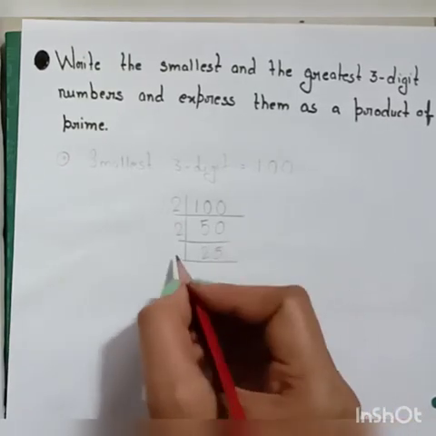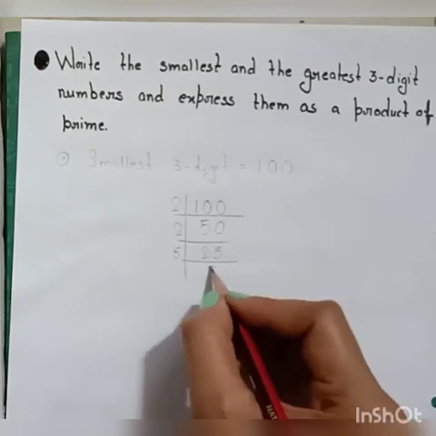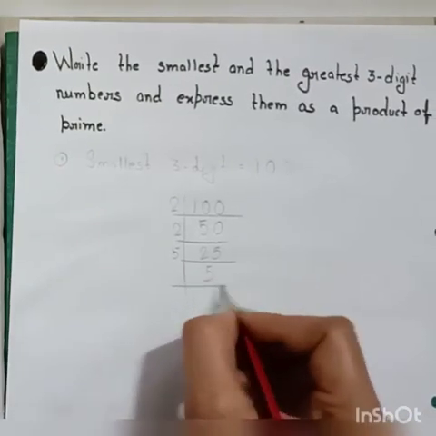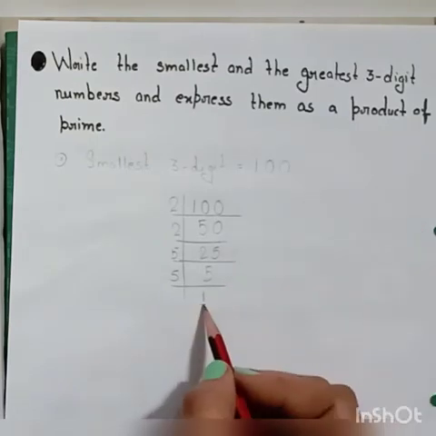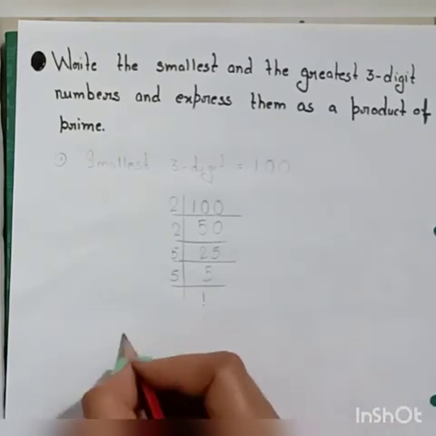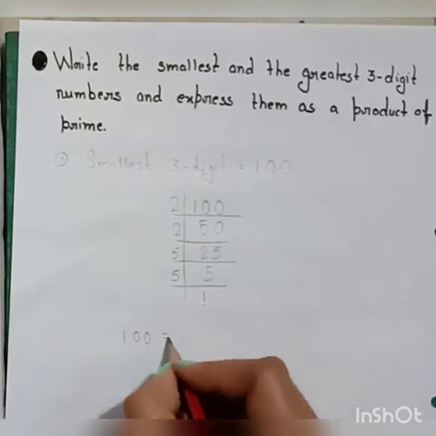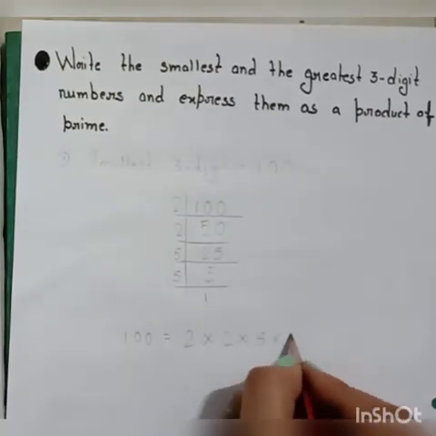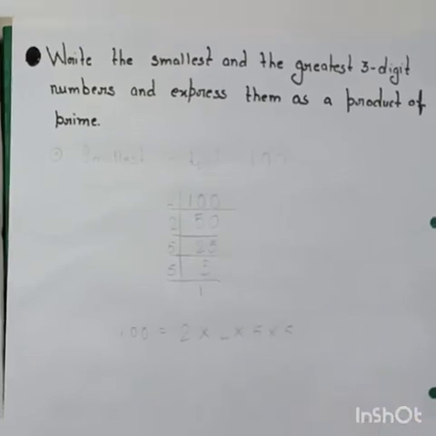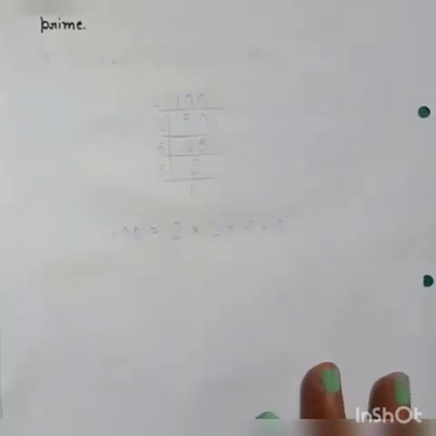Now this is 25. It will go in the table of 5. 5 fives are 25, and last is 5 ones are 5. You have to follow this until you get 1 over here. So the prime factorization of 100 becomes 2 into 2 into 5 into 5. Clear? So we are done with the smallest 3-digit number.